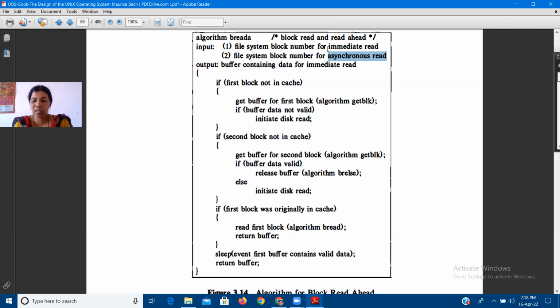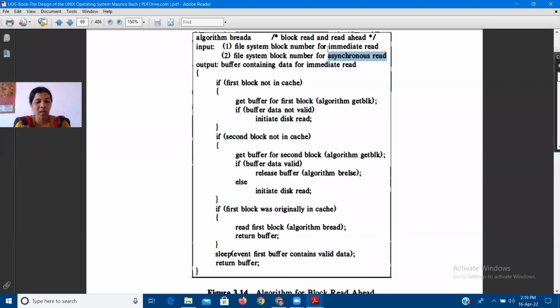Once second block read will be over, again third block will be treated as an immediate read, fourth will be treated as an asynchronous read. Once third block read is over, again fourth block will be treated as an immediate read, and fifth will be treated as an asynchronous read. So that is, we are going ahead: 1, 2, 3, 4, 5. It depends upon the file size.